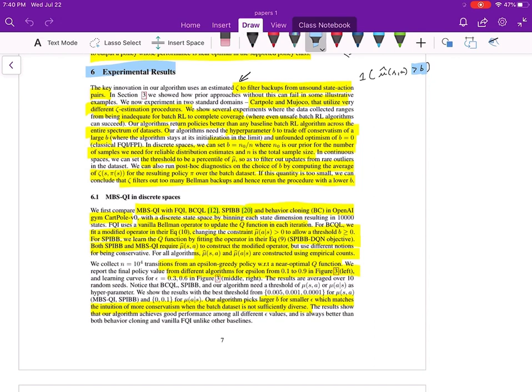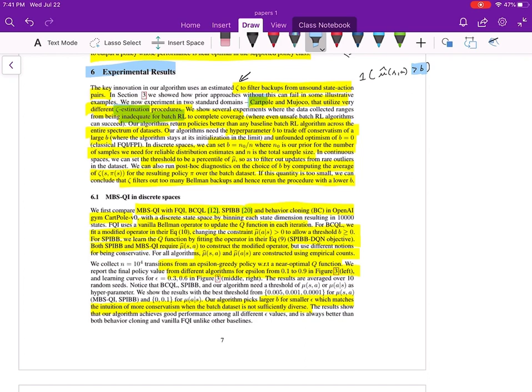So they have experimented on the CartPole and MuJoCo tasks, and utilized different Xi estimation procedures. Basically, different kinds of datasets are being generated.